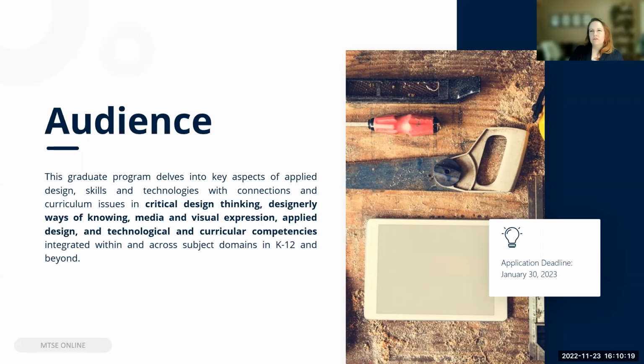And so it's really meant to be of interest to a broad range of individuals. With our current cohort, we have a really strong core group of people from technology education, but we also have other people. We have somebody who's in French immersion, and a few people who are in media studies and filmmaking. And so it is of interest to a number of people.